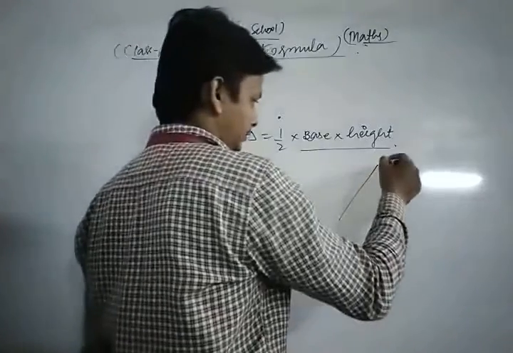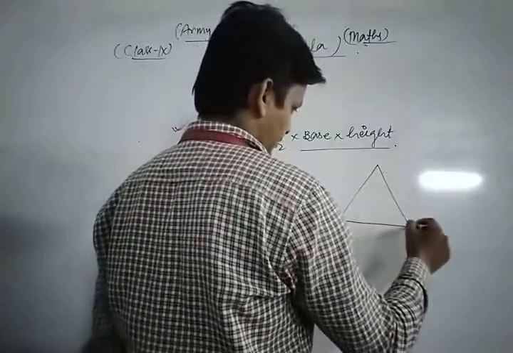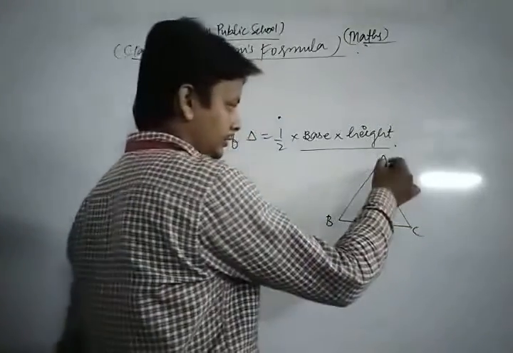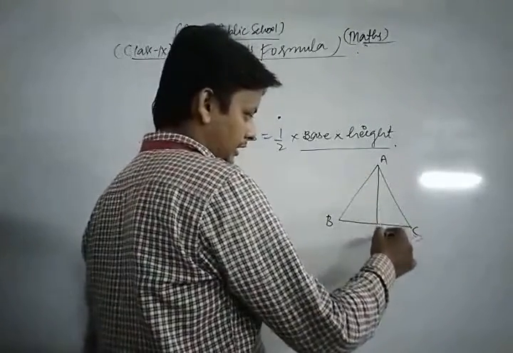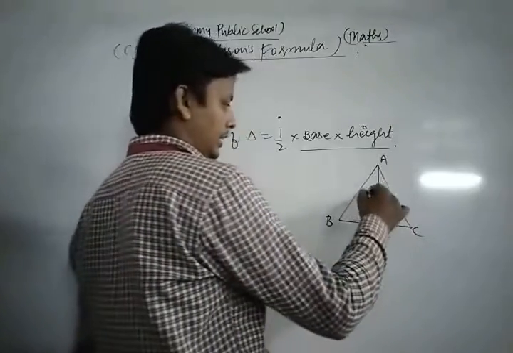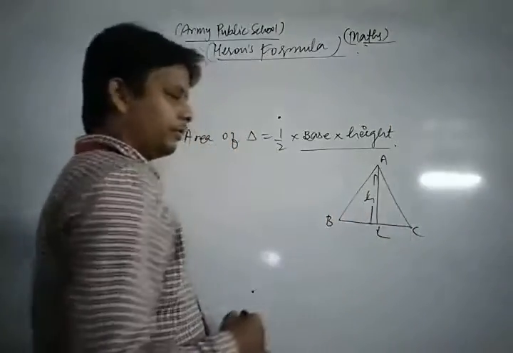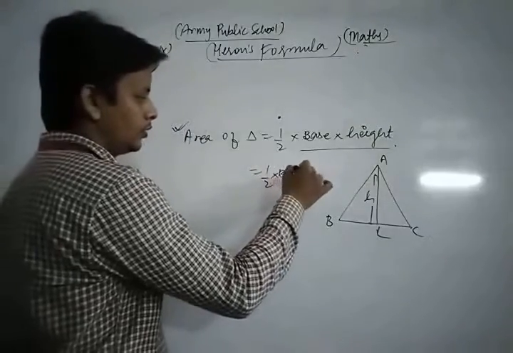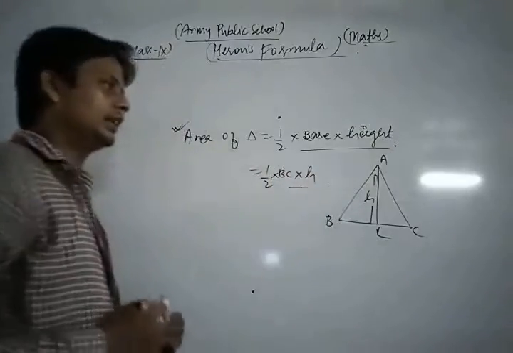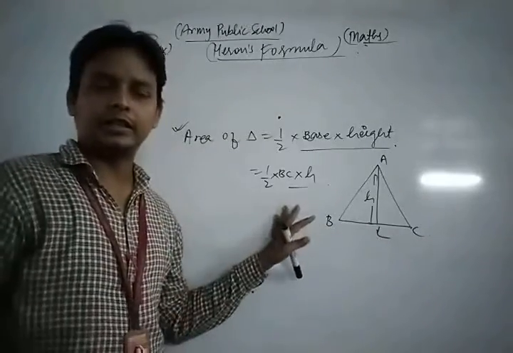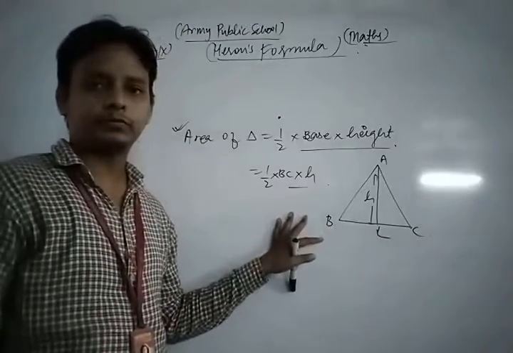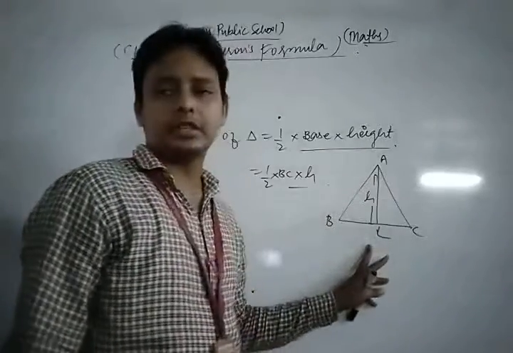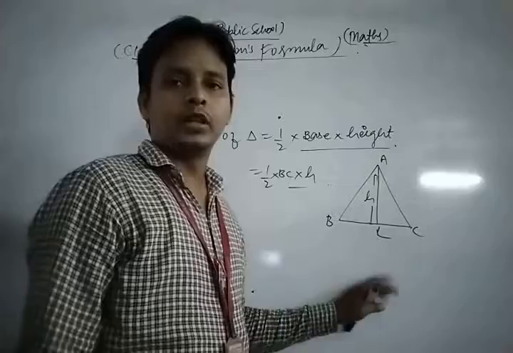Suppose ABC is a triangle and here is its altitude, its height. In that case we apply the formula 1 upon 2 into base BC into height H, and in this way we find the area of triangle ABC. Now when all of its three sides are given, then we have to use Heron's formula.